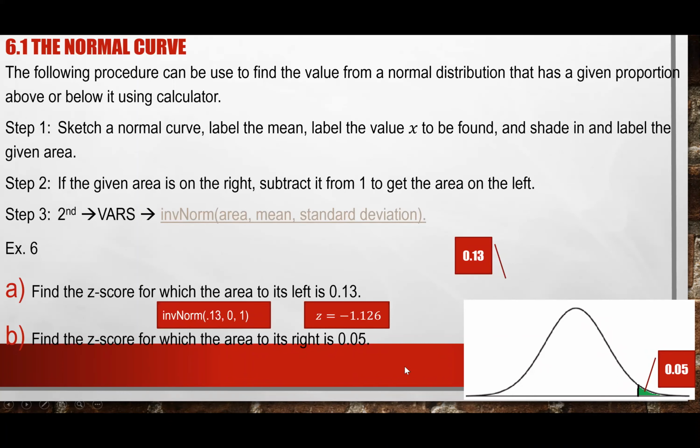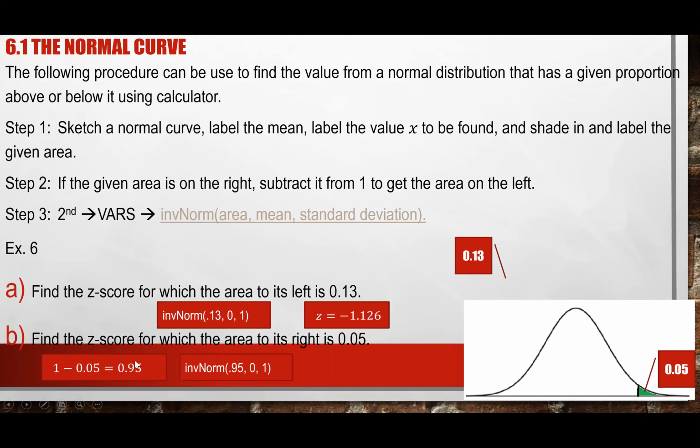But remember, the feature the calculator can calculate is only the area to the left. So this one is on the right. I cannot just put in 0.05 and tell my calculator to calculate it, because that will give me a negative number. To do this, I have to take 1 minus 0.05 to give me 0.95.